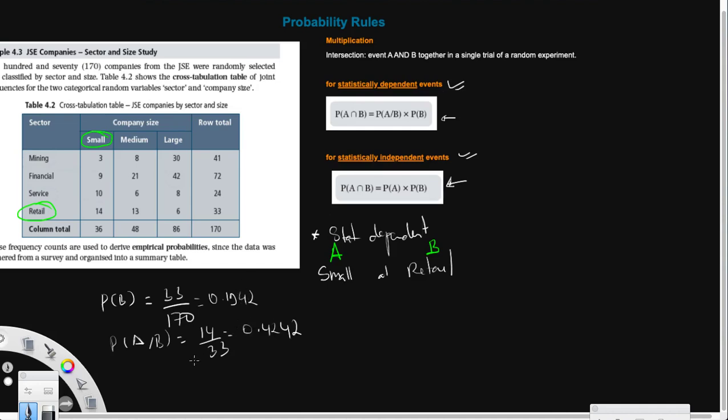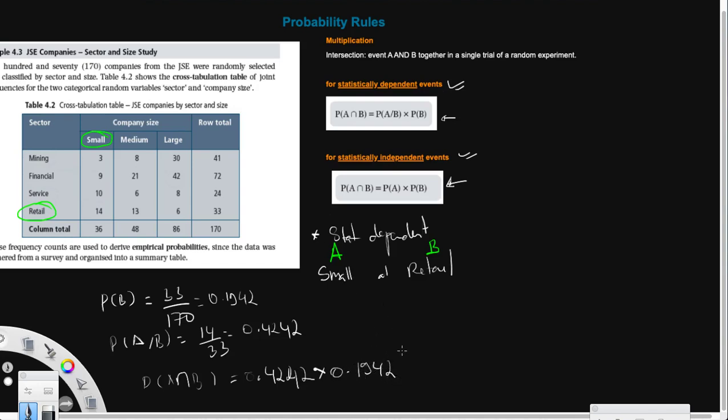Okay, then after we found those two, the intersection will be equal to P(A|B) times P(B). So this is how you do it: 0.4242 times 0.1942.